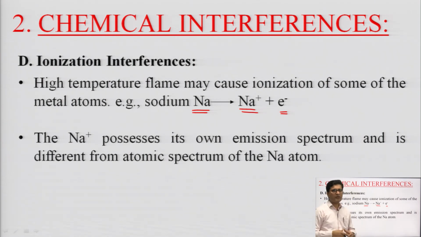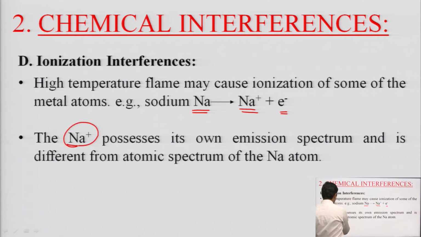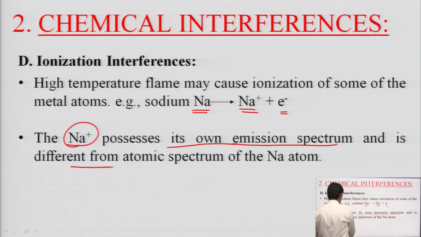Now, the neutral sodium and the sodium cation have different emission spectra. We want to determine the concentration of sodium atoms, but due to the conversion of sodium into its ionic form, the neutral sodium concentration in the solution decreases, and this may lead to improper results, because the sodium cation possesses its own emission spectrum, different from the atomic spectrum of the neutral sodium atom.